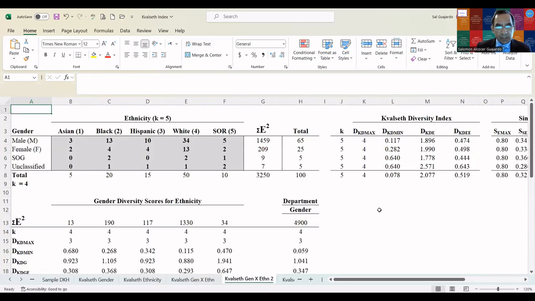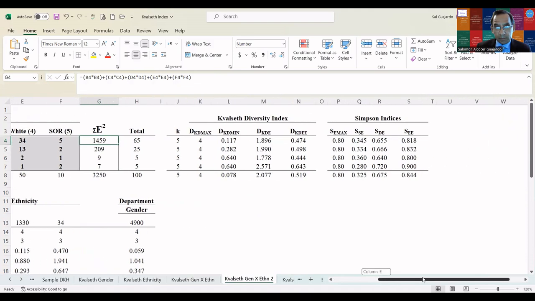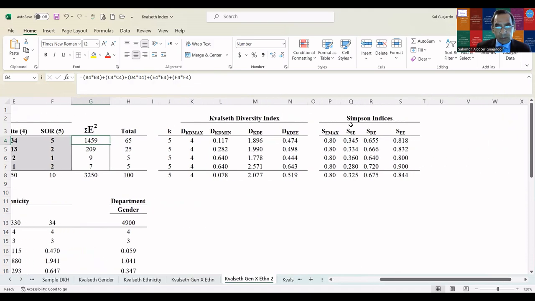Again, here I have the contingency table for ethnicity and gender. I have the frequency squared. Again, I have the Simpson index values for the maximum. I have the Simpson concentration score, I have the Simpson diversity score, and I have the Simpson standardized score for ethnicity.